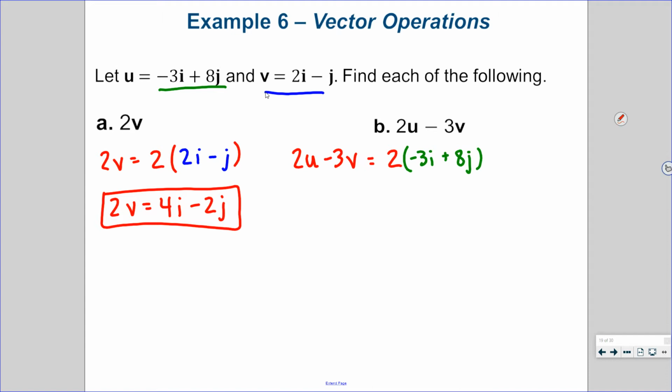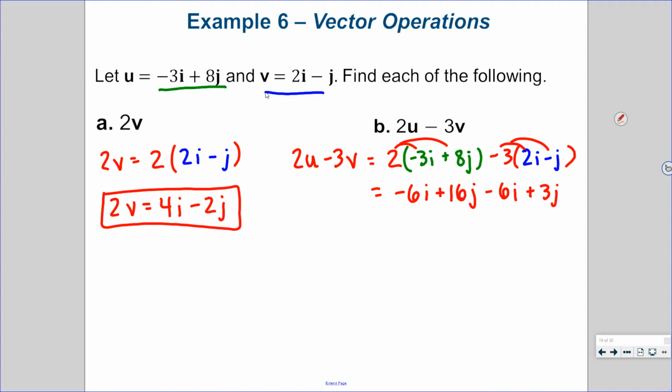And then minus 3 times my vector v. Okay, so let's go ahead and distribute. Let's do the scalar multiplication first. So negative 6i, just like you would do if this is a normal algebraic expression. Minus 6. Oh, I almost did the cursive i.